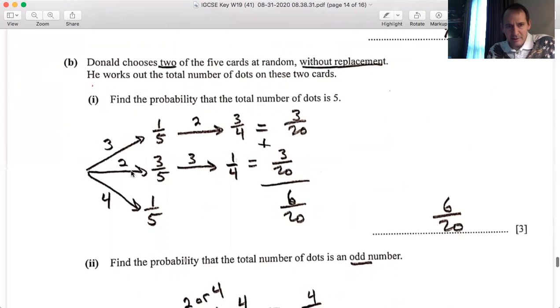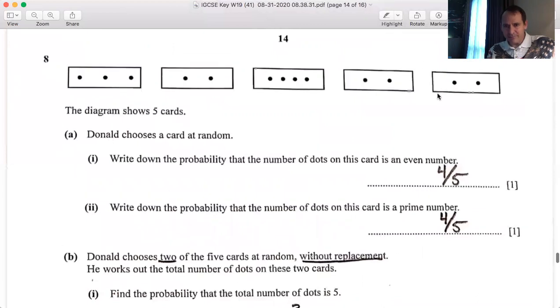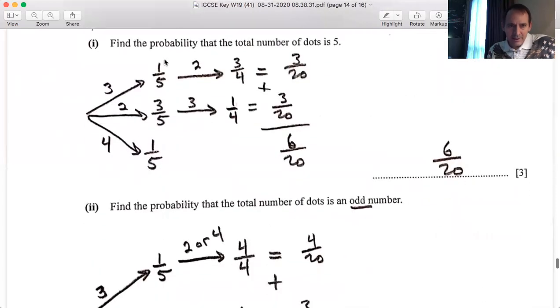The 3-dot card is only 1 out of the 5 cards. The 2-dot cards are 3 out of the 5, and the 4-dot is 1 out of the 5. Notice this adds up to 5 out of 5, or 1.